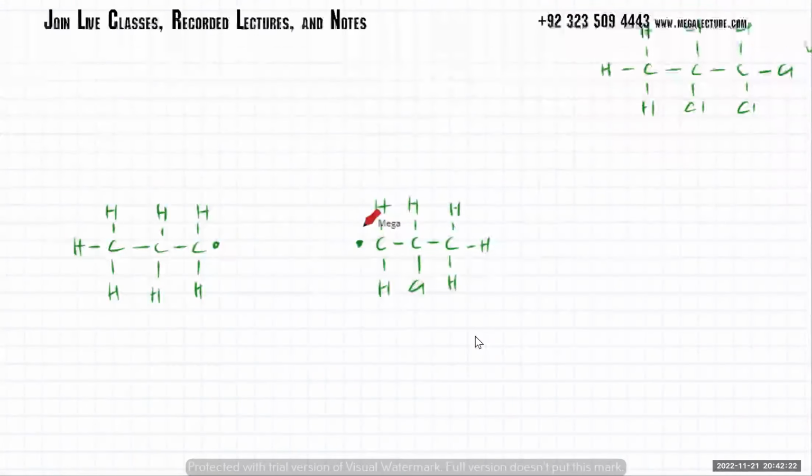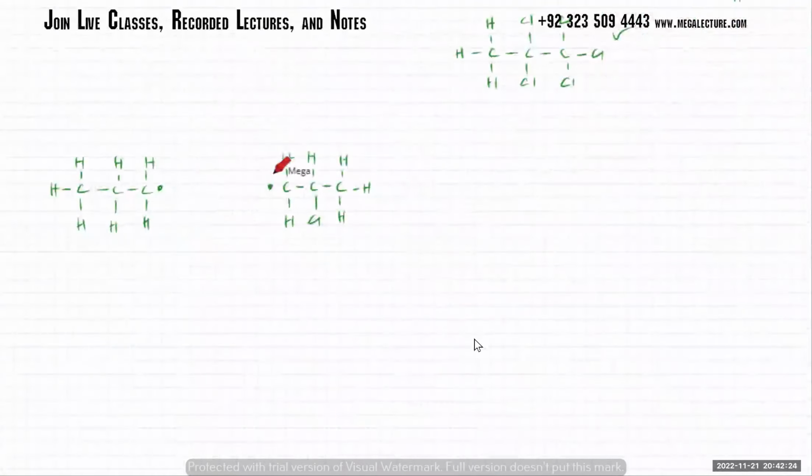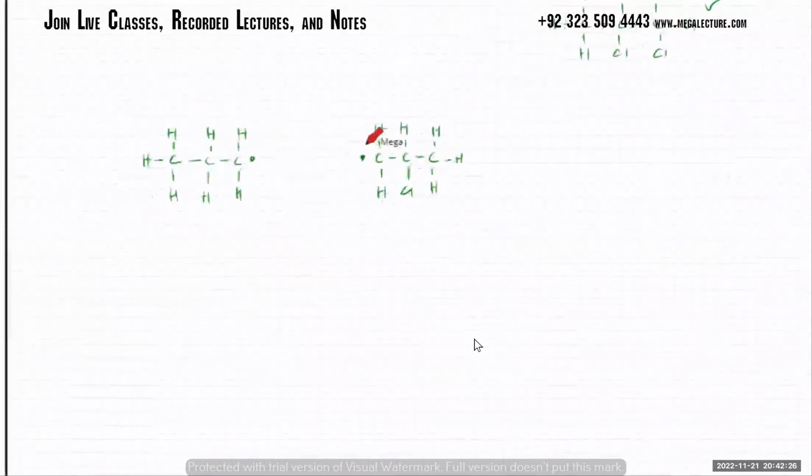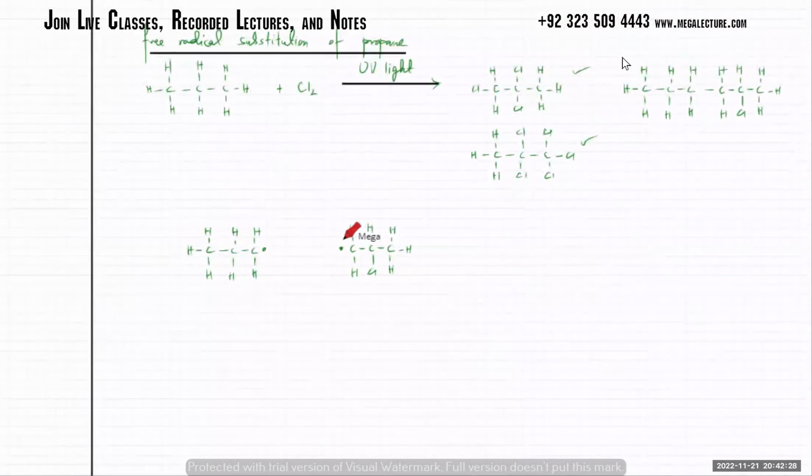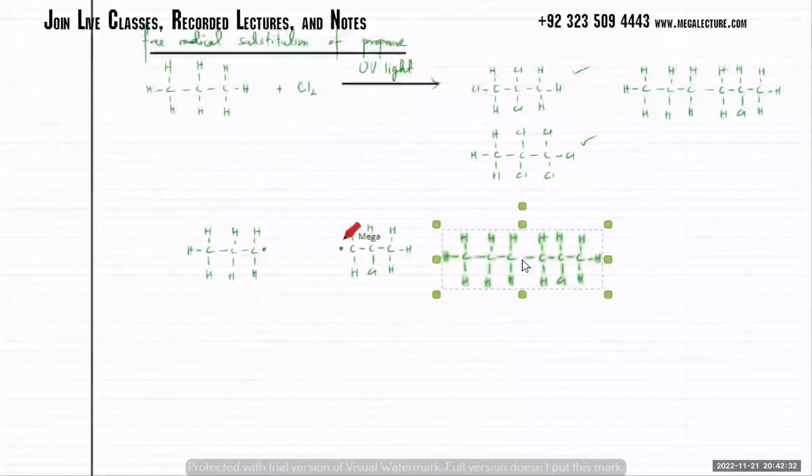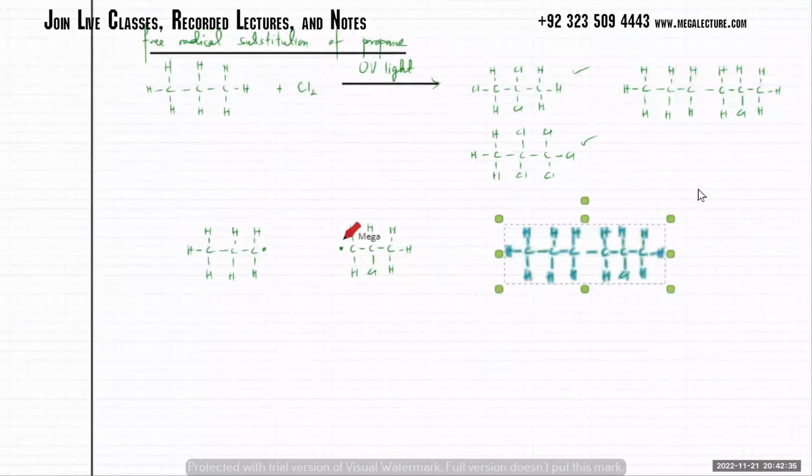Then similarly, tell me, can this form? I mean, they could have joined this way, right? Also, they could have joined this way.